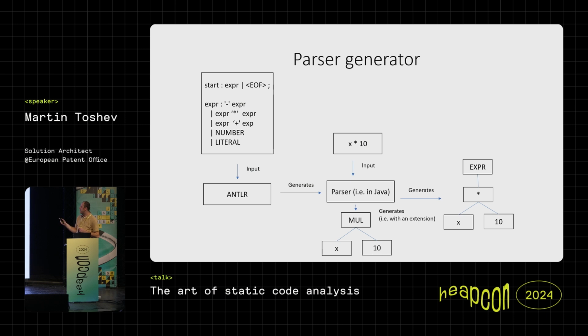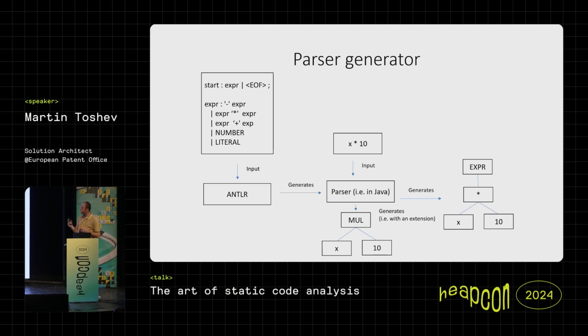If we have a very simple line of input like x multiplied by 10, when we pass this to the parser, it generates a parse tree which looks like this. At the root, we have the expression node, which has another child node, which is multiplication, which has left and right branches, x and 10. However, this parse tree requires more effort if we want to walk through it or analyze the source code based on that.